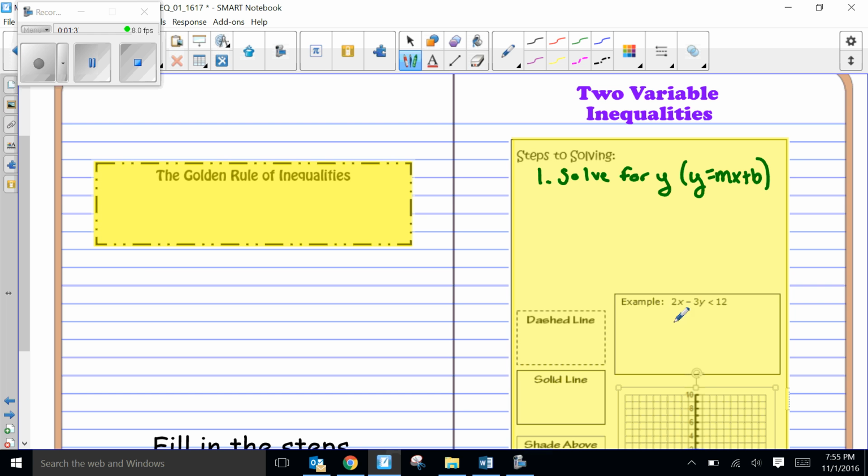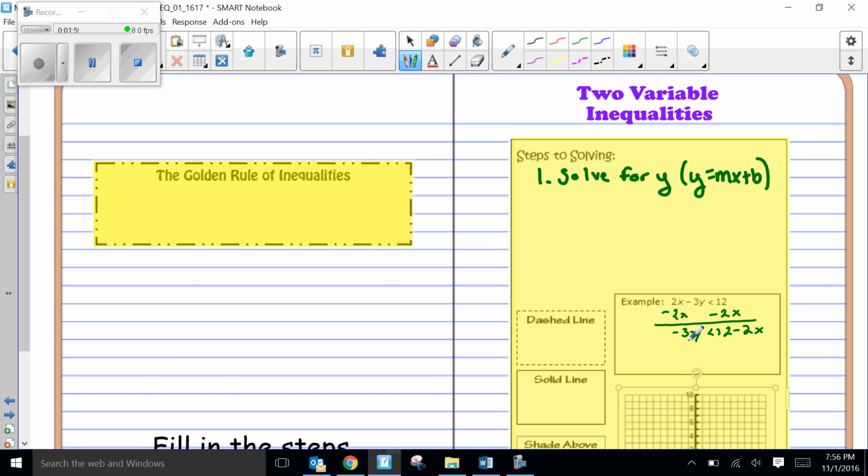I need to solve for y, so I'm going to subtract 2x from both sides. So I'll be left with minus 3y is less than 12 minus 2x.